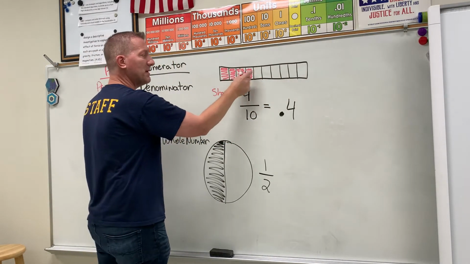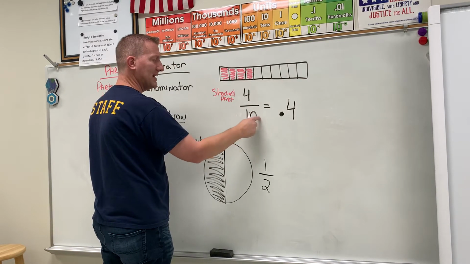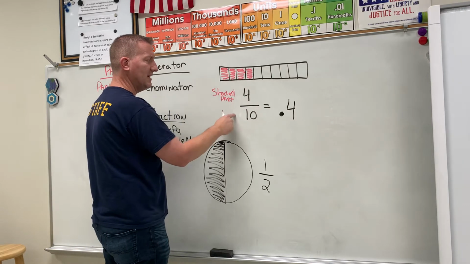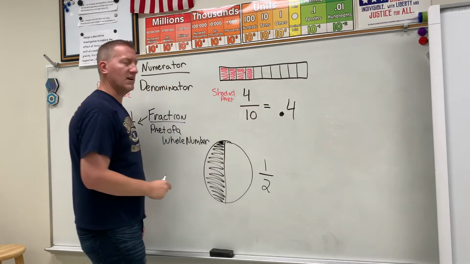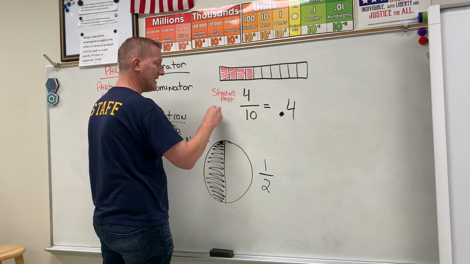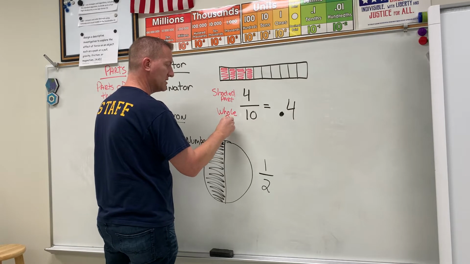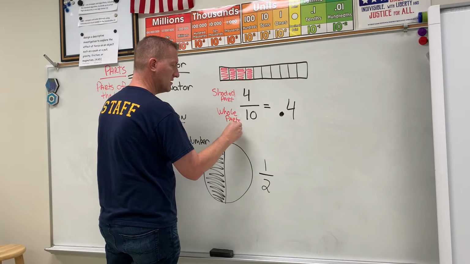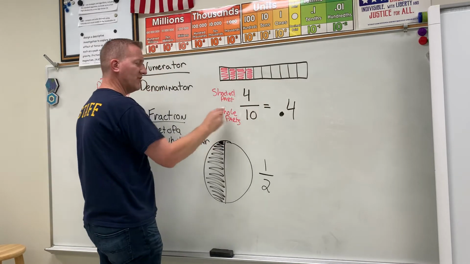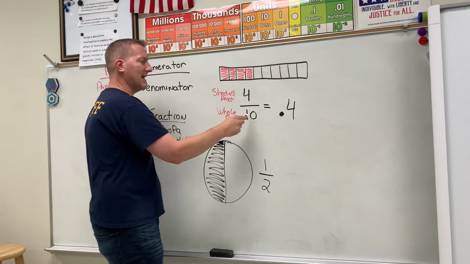There's 10 spaces in the whole thing. That's where I get my denominator. That's why I get the 4 parts shaded out of 10 parts in the whole. How many parts are in the whole? That's where I get that.